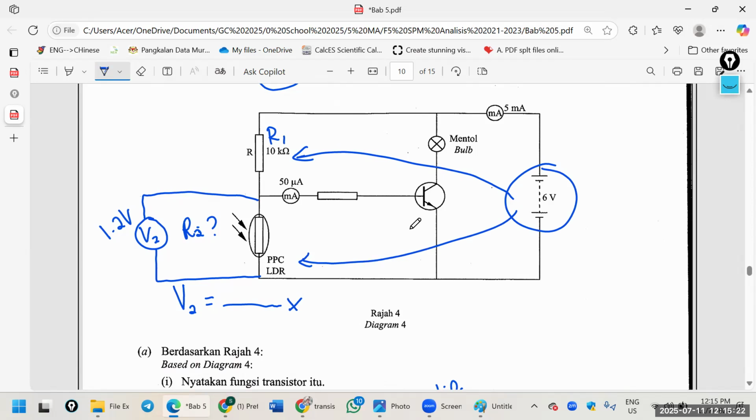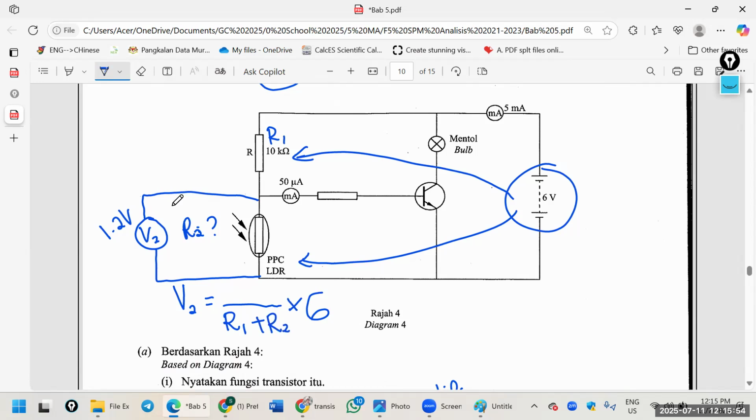So times 6. What is the portion here? Yes, total portion R1 plus R2.